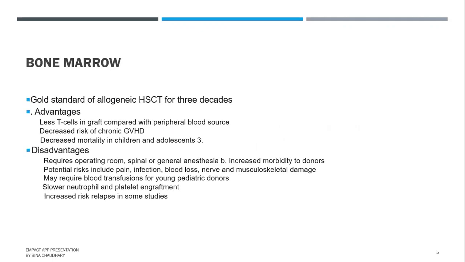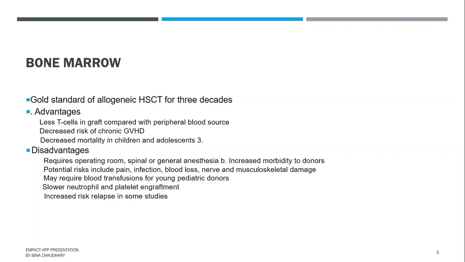First, bone marrow. We'll talk about its advantages and disadvantages. It has been the gold standard of allogeneic hematopoietic stem cell transplantation for three decades. The advantages of bone marrow are fewer T cells in the graft compared with the peripheral blood source, decreased risk of chronic GVHD, and decreased mortality in children and adolescents.